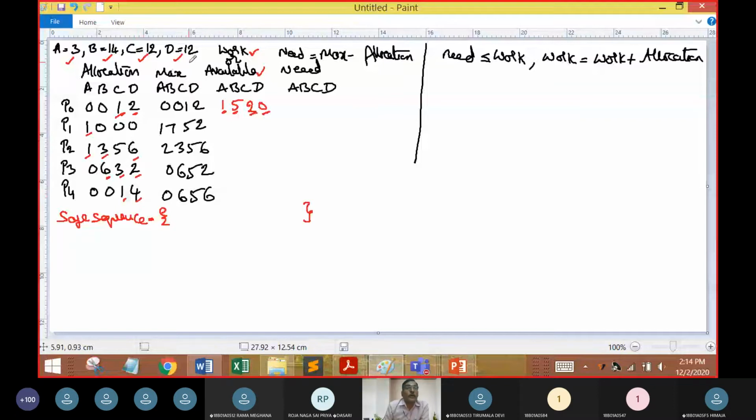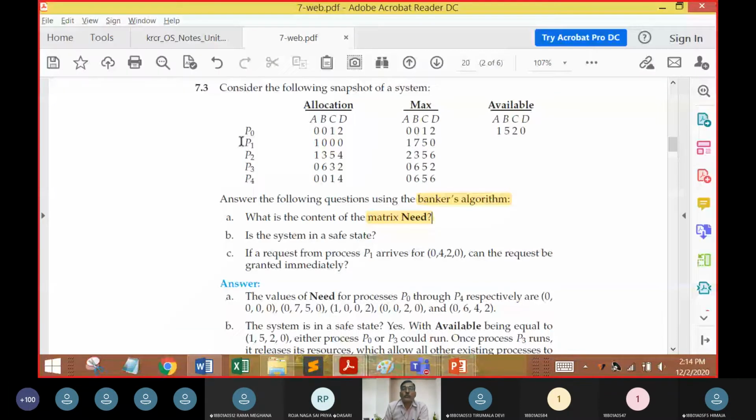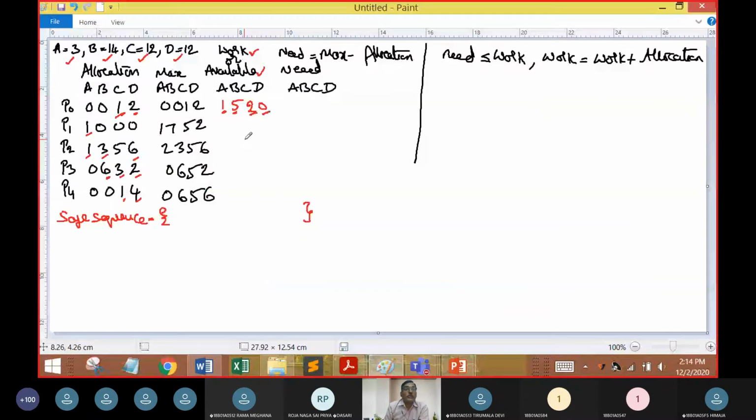So there is some little mistake. One second. 0012, 1000, 1356, 0632 and 0014. So total number of instances for D will be 2 plus 6 is 8, 8 plus 2 is 10, plus 4 is 14. So D allocation was 14.